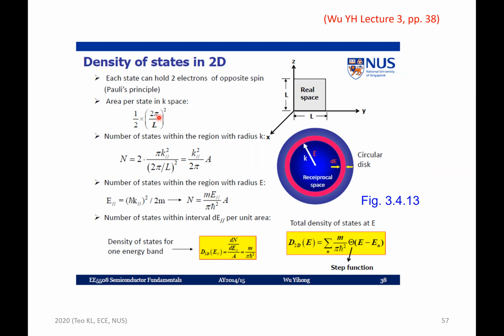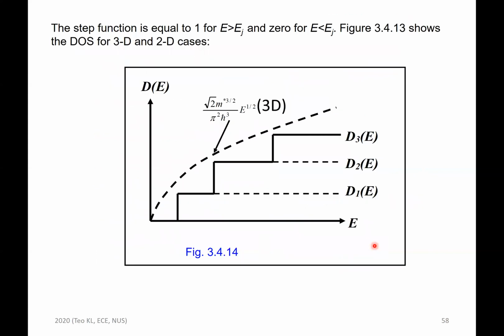I bring up this slide because I want to make use of the density of states in the 2D case since we are talking about the quantum well. So this function here is a step function. Let us discuss more of it later as we see an example of how to calculate the density of states. Again, the three-dimensional case goes like a square root dependence.